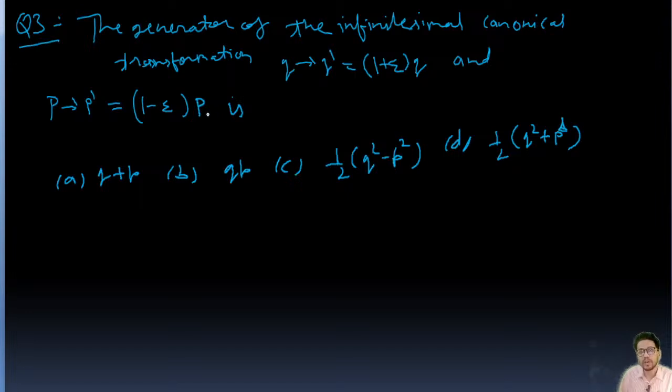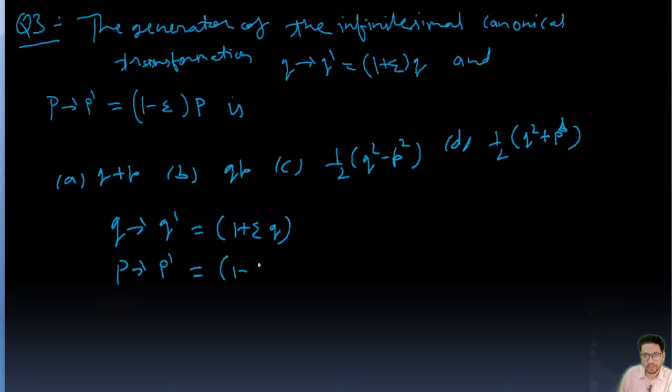So we need to find the generator for the infinitesimal canonical transformation, right? Very good question. So how to get it, we'll solve it, okay. So this is what is given.